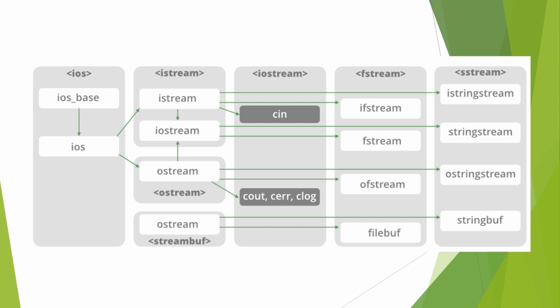Same as the output stream, we use cout, cerr and clog for the output stream. Then fstream, which we use for streaming of data, along with ifstream and ofstream. Then as usual the buffer will be stored as a filebuf. After that, in the string classes, these are used for strings: stringstream, istringstream, ostringstream and stringbuf.